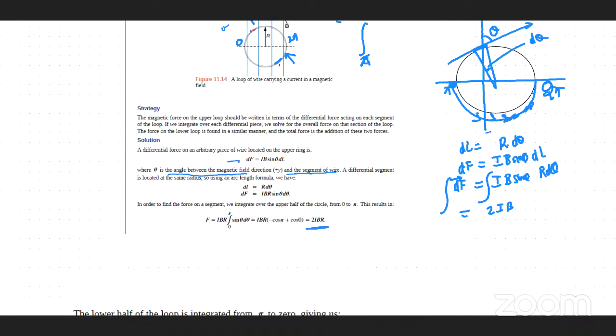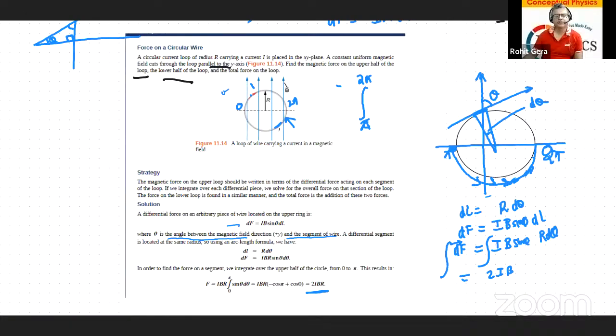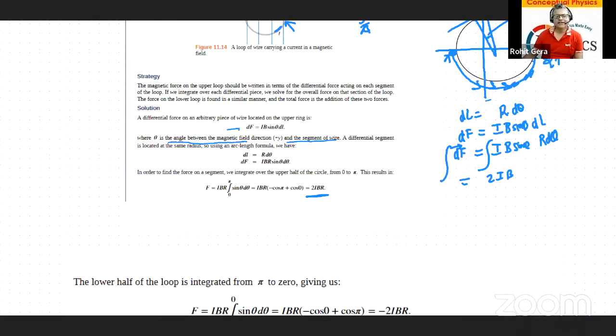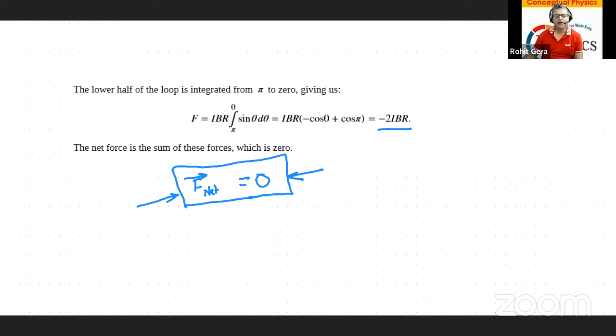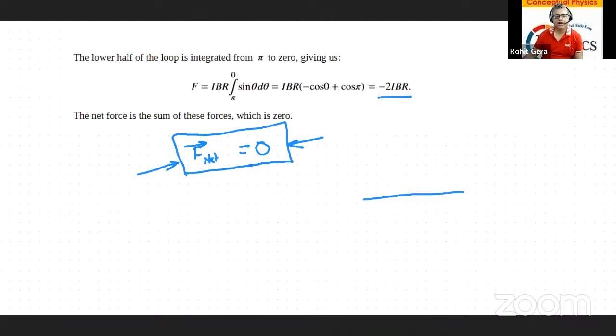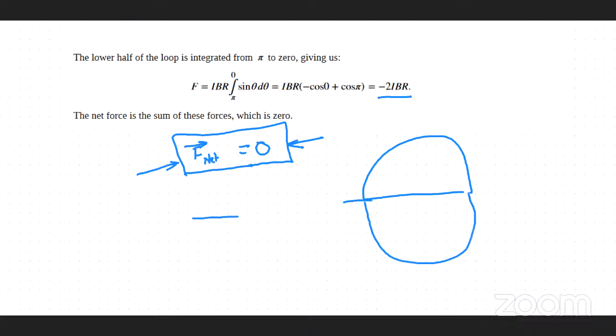Okay. But it's a situation which needs attention, because if you have a body which experiences an upper force in some direction, and then it has a lower part which experiences a negative force, it is very similar to a torque.